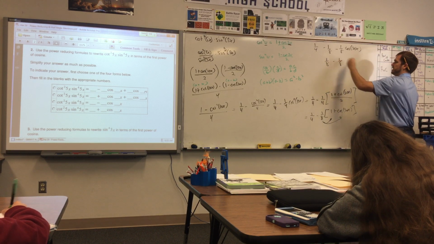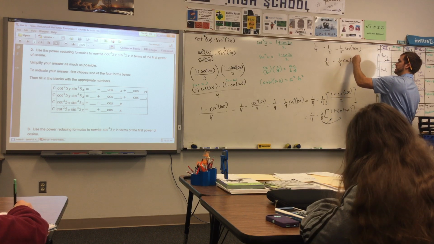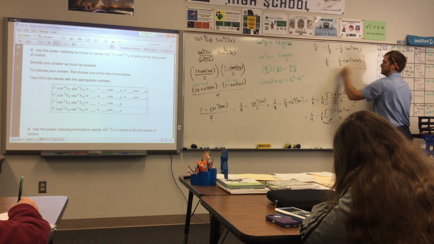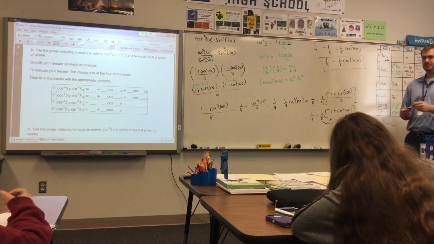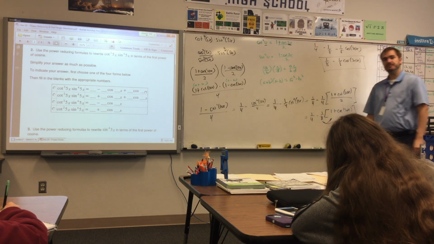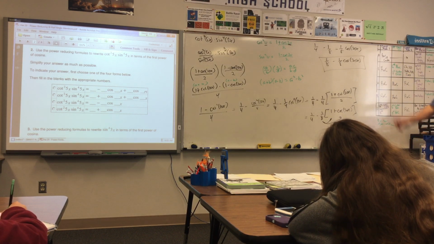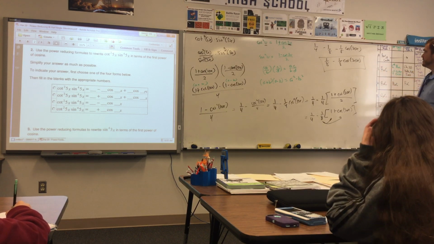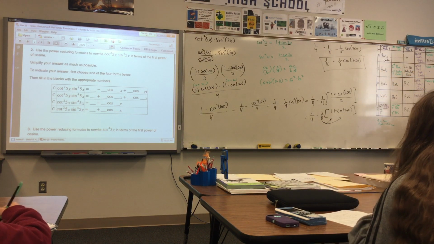So 1/8 minus 1/8 cosine 20x. I told you the second one would be faster. So it's the third one? Yep, it would be the third option. You would fill in those numbers: 1/8 minus 1/8 cosine 20x.